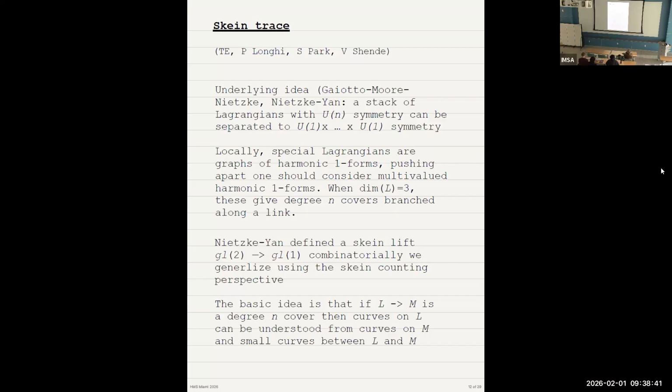If you want to study holomorphic curves ending on L, you can squeeze L until it lies on M. Then the holomorphic curves would converge to holomorphic curves on M. But it's not the whole truth that they converge only to those curves; there will also be some thin pieces that are remnants of curves stretching between L and M. But putting these two together, if we know the curves on M and we know the curves between L and M, then we should be able to reconstruct all the curves on L. So that's the general philosophy, and I'll tell you how it goes.